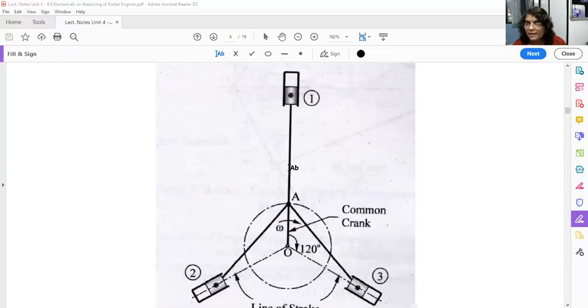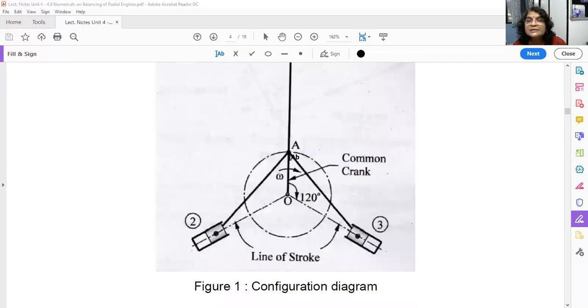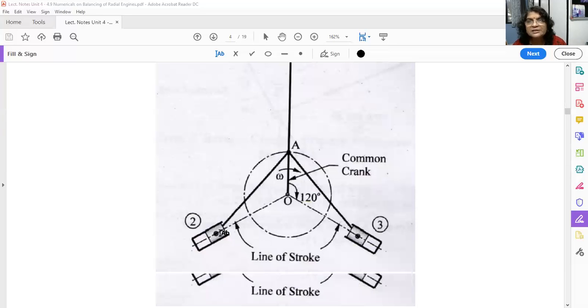See, it is already parallel, matching with this one. So we have to rotate cylinder number 1 by 0 degree. Therefore, we have written 0 degree here, because the angle is the same. So we analyze that rotating m/2 by 0 degree keeps it at crank pin OA for cylinder number 1. That's why we have written 0 degree here.